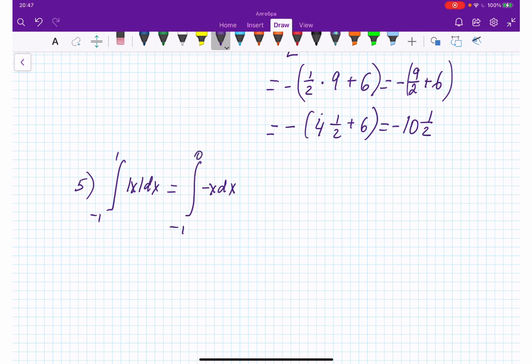Make sense? And then plus positive x dx on the interval from 0 to +1. Yes? And if you solve it, you are going to get 1/2 plus 1/2, and it's going to be 1.